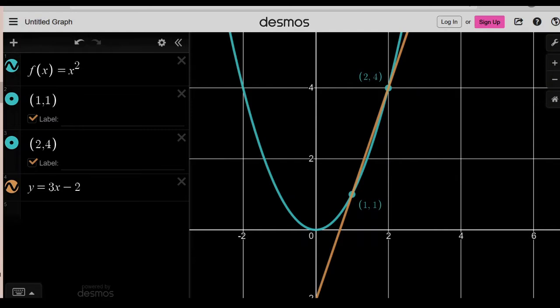It's passing through the 2 points on the graph, one where x is 1 and y is 1 squared, 1 squared being 1, and the other point being the point where x is 2 and y is 2 squared, which is 4. The function x squared is of course this cyan parabola, and the secant line, whose formula is given here, is this orange line that's passing between these two labeled points.